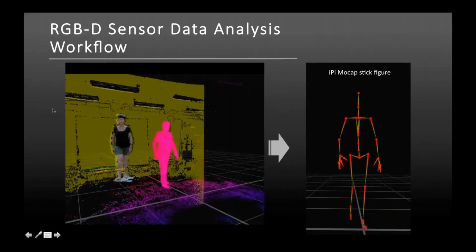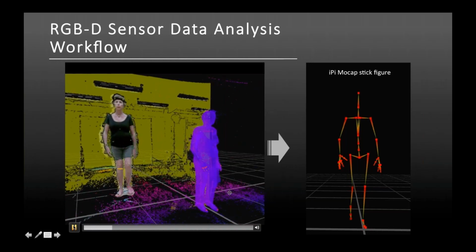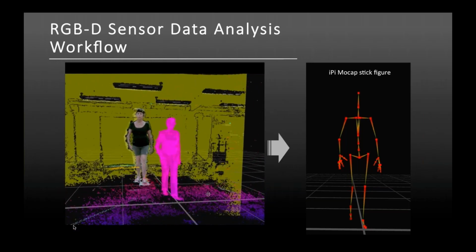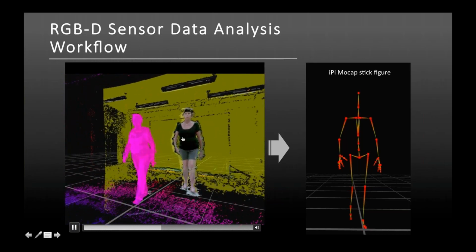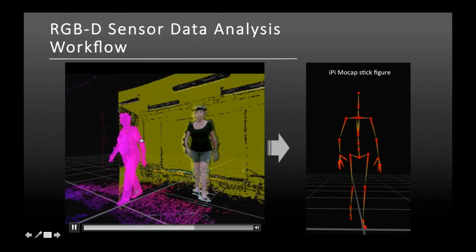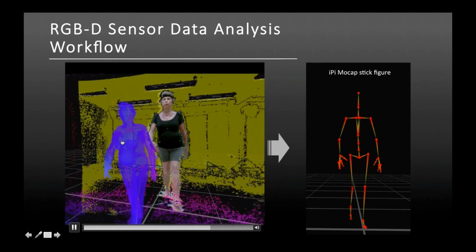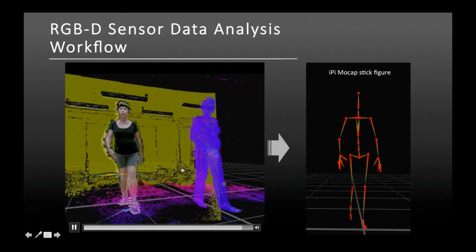This data analysis workflow, as you can see to the left-hand side, is the post-processing of the data we get from the Kinect. This is a PD patient walking in front of the sensor, and what you see here is the depth information, the 3D information we get by just walking in front of the Kinect.